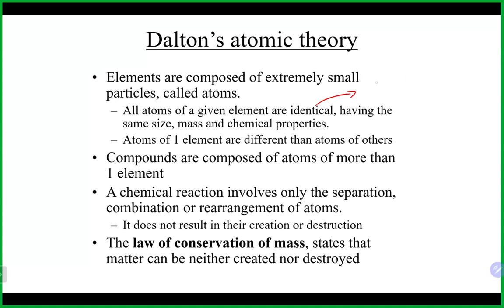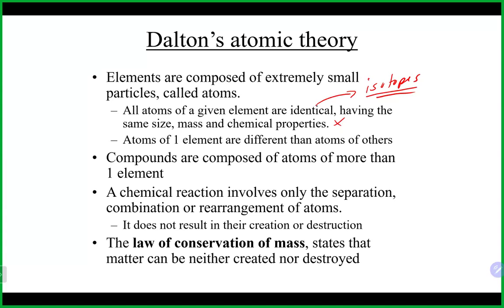The existence of what are known as isotopes makes this part of his theory incorrect. Isotopes, as we'll talk about later in this chapter, are the same element, but they have different masses. And that is different than what he said: all atoms of a given element are identical to each other. So the existence of isotopes that were discovered disproves that part of his theory.